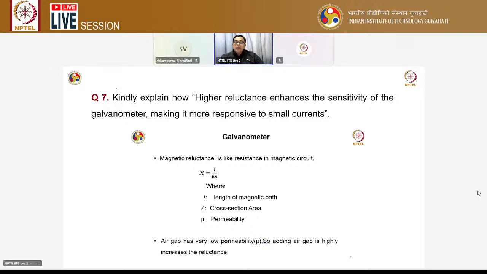This was from the galvanometer discussion, where we have seen that magnetic reluctance is like resistance in a magnetic circuit, and the reluctance was given as L by mu A, where L was the length of the magnetic path, A was the cross section and mu was the permeability. And we have seen that air gap has very low permeability, so adding an air gap highly increases the reluctance in this case.